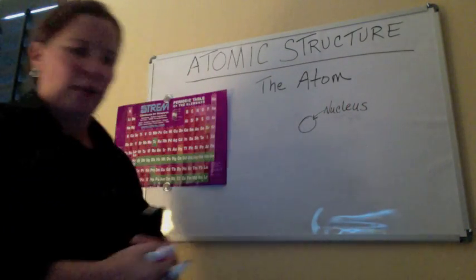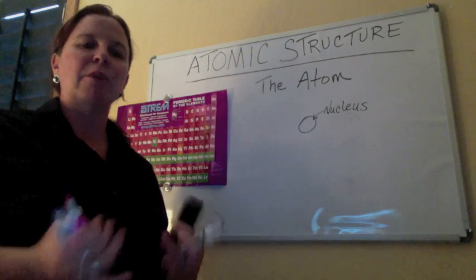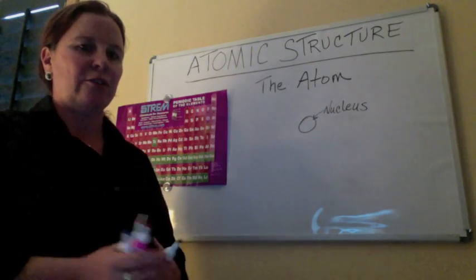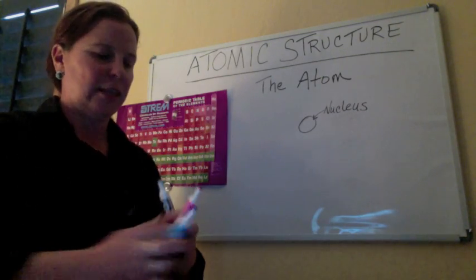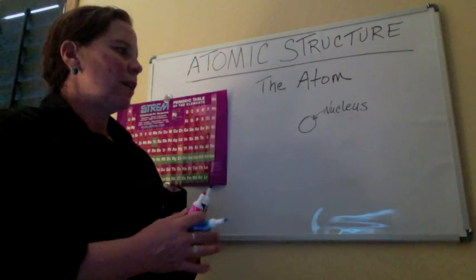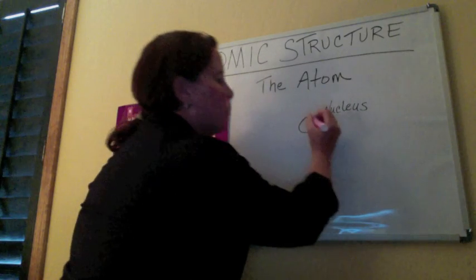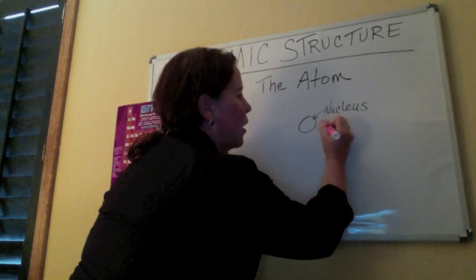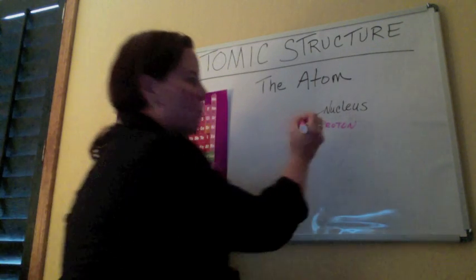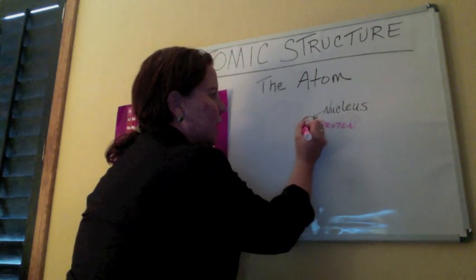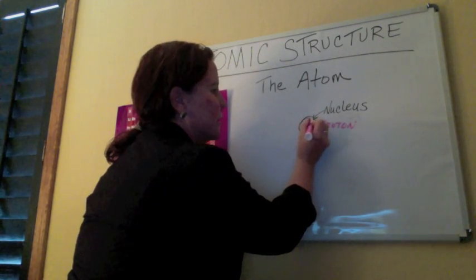N-U-C-L-E-U-S. Okay? Now the nucleus is composed of two types of particles, and this is where you get to use your colored markers or your colored pencils. Okay? The first one is called the proton, P-R-O-T-O-N. And if you want, you can even make a couple of dots in there.